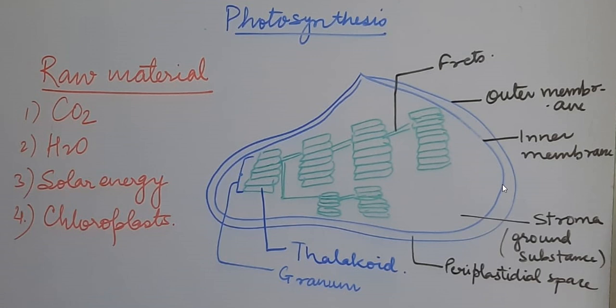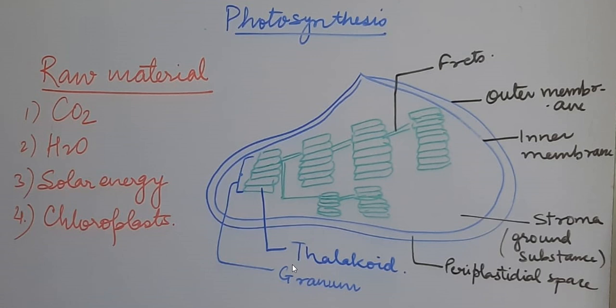They contain thin sac-like structures called thylakoids, which are stacked one over the other in a pile. We call this pile a granum; grana is the plural.